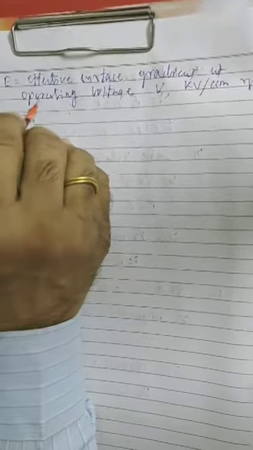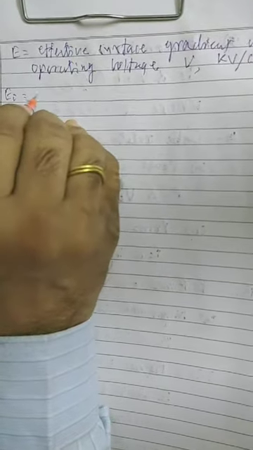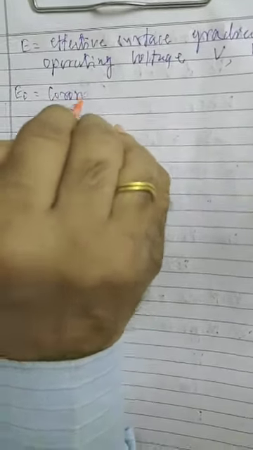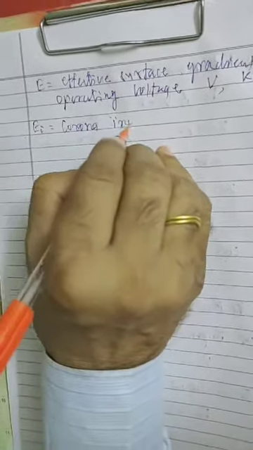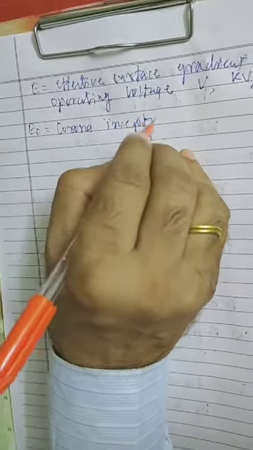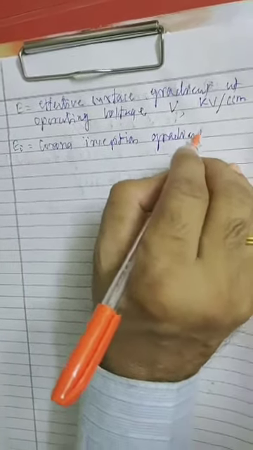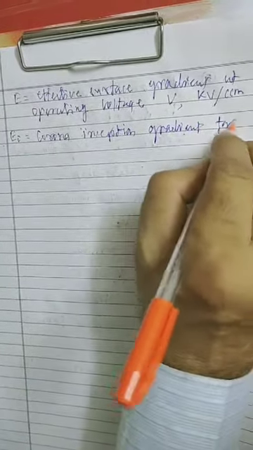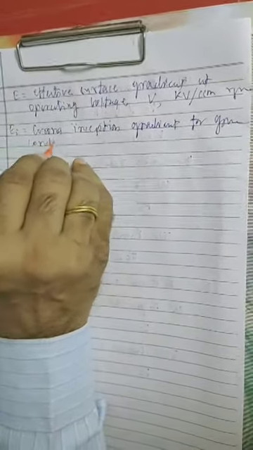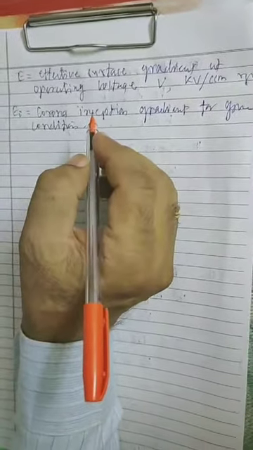Then E0 is the corona inception gradient for given conditions. These are environmental conditions.